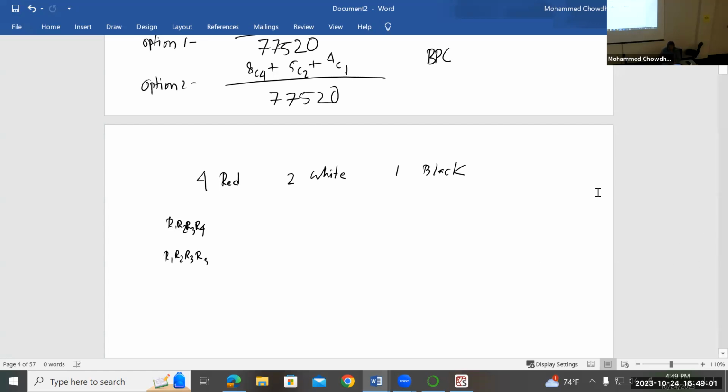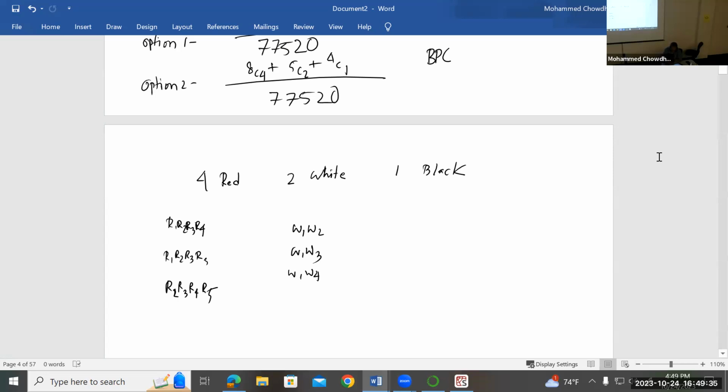There are 5 red, and then there should be red 1, red 2, red 3, red 4, red 5. 2 white could be white 1, white 2, white 1, white 3, white 1, white 4, because there are 4.